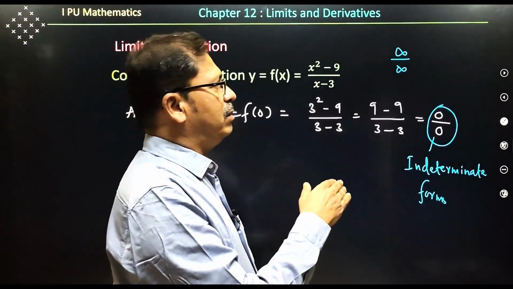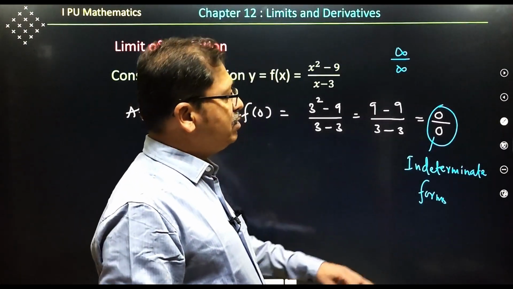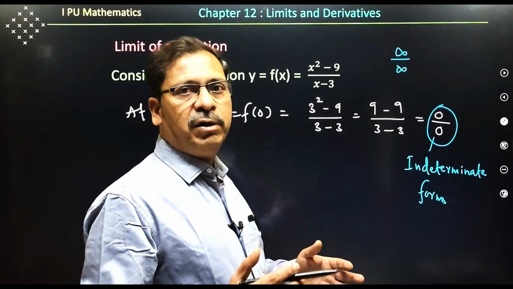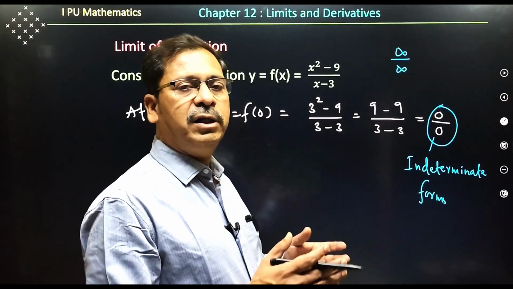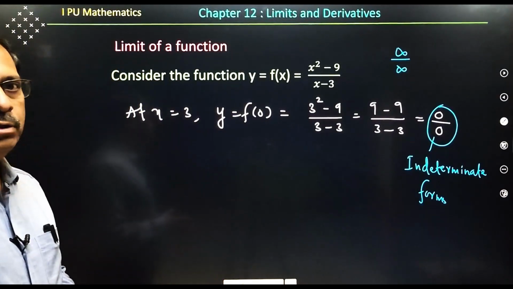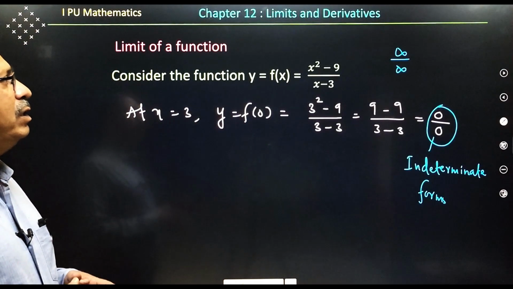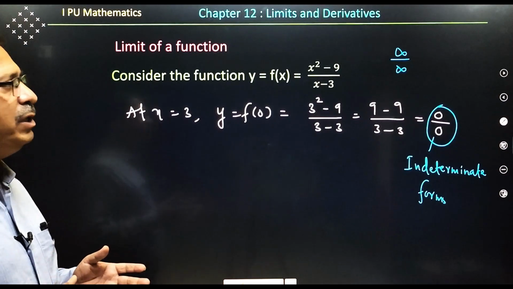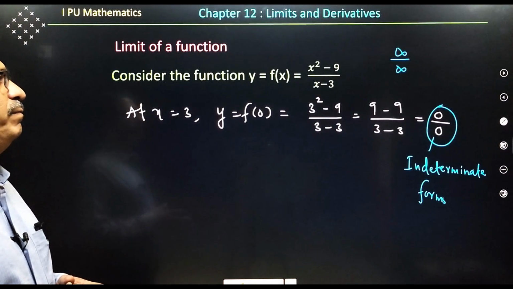I will separately discuss that, but this 0 upon 0 is an indeterminate form, not possible to calculate. It has no meaning in the language of mathematics. So the function is attaining an indeterminate form at x equal to 3.